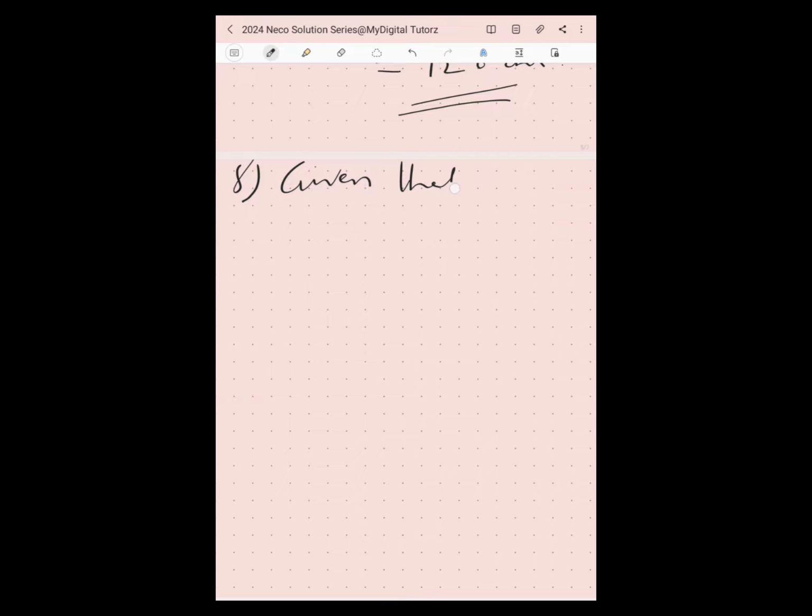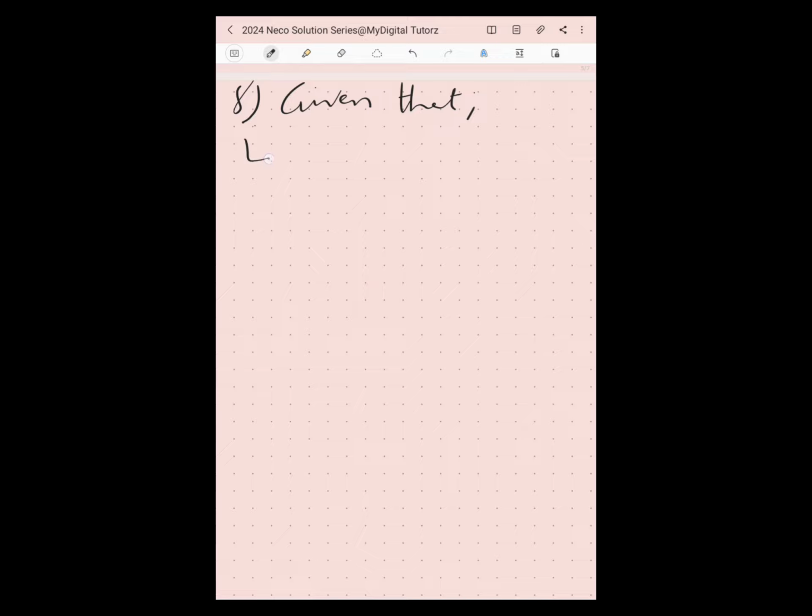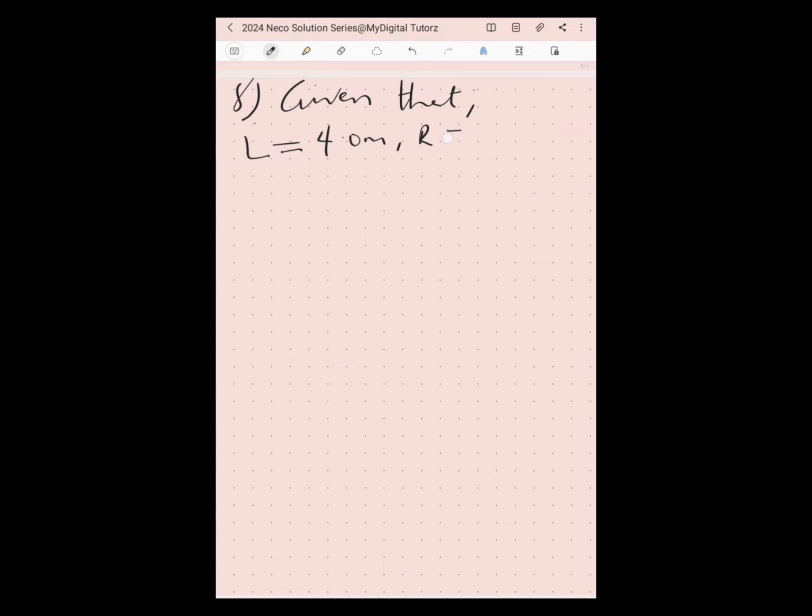Given that the length of the wire L is 4.0 meters and the resistance R is equal to 6.0 ohms. The radius is 0.45 millimeter.